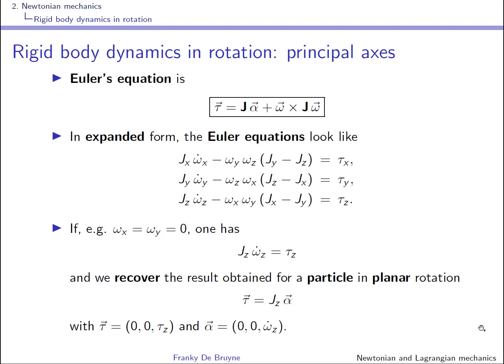Okay, so this is again Euler's equation. We make the assumption that J is a diagonal matrix. So what we'll have here is simply J times the acceleration vector in rotation, which is also linked of course to the derivative of the angular rotation vector. But since J is now diagonal, you can write it component by component, and it will only give this contribution for component x, for example.